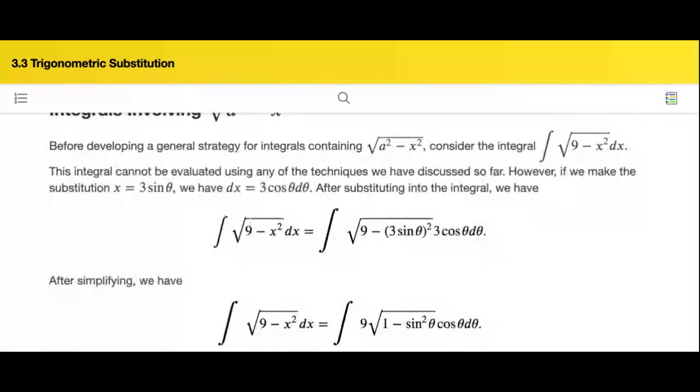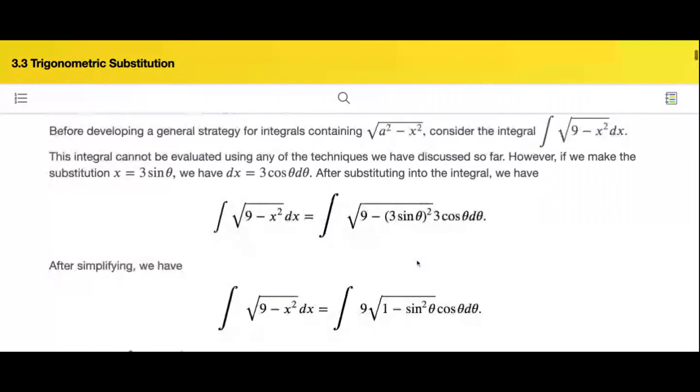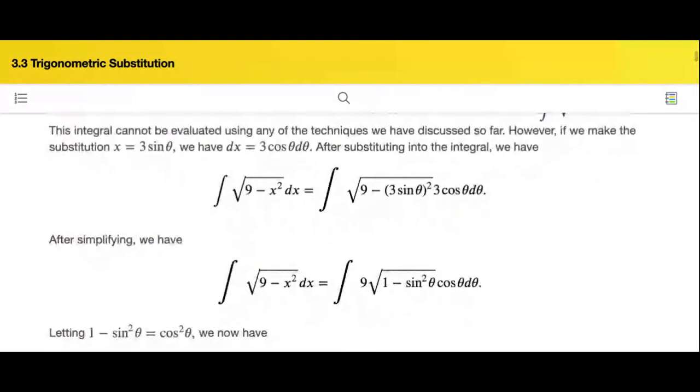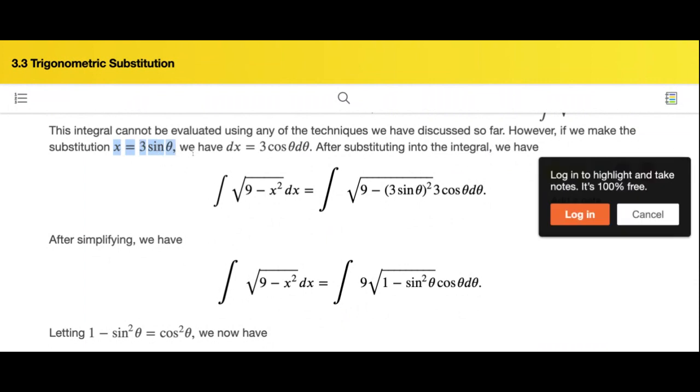So we rewrite the square root of 9 minus x squared as the square root of 9 minus 3 sine theta squared. Then what about dx? If x equals 3 sine theta, then dx equals 3 cosine theta d theta.